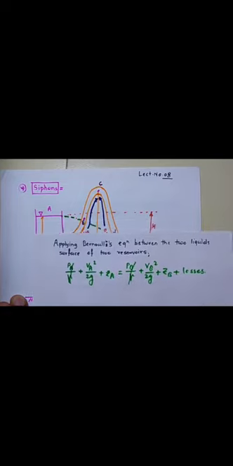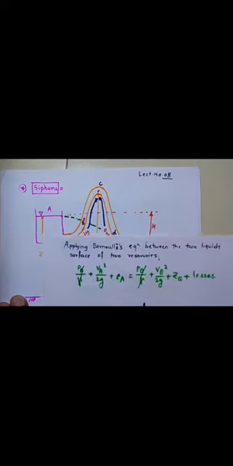Now as both the reservoirs are subjected to atmospheric pressure, Pa by gamma and Pb by gamma represent the same value, and the fluid within the reservoir is stationary, so Va is equal to Vb is equal to 0.